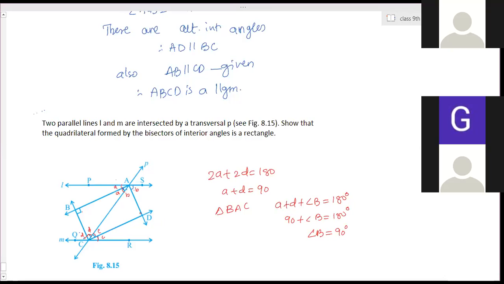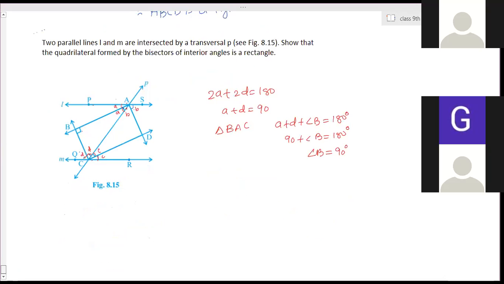Now either you can prove all the angles 90 degrees or we can prove a parallelogram. We know that angle PAC and ACR are equal angles, alternate interior angles. So 2A is equal to 2C.